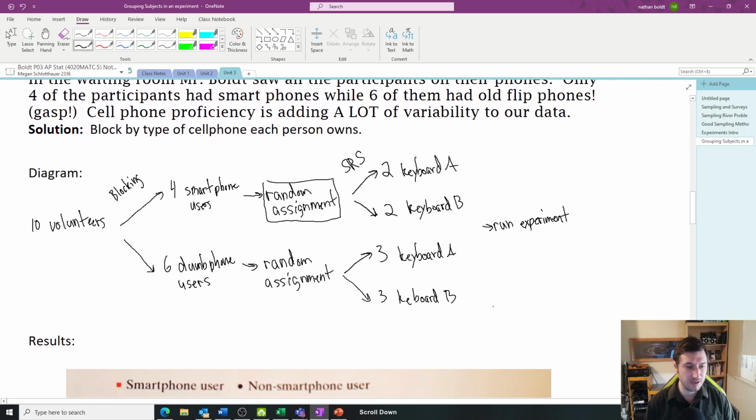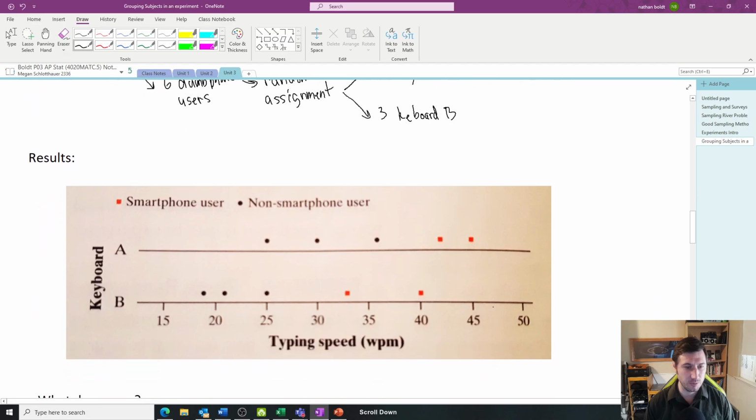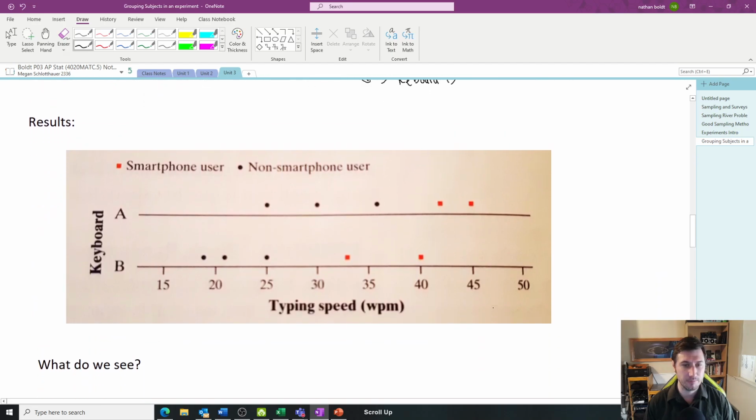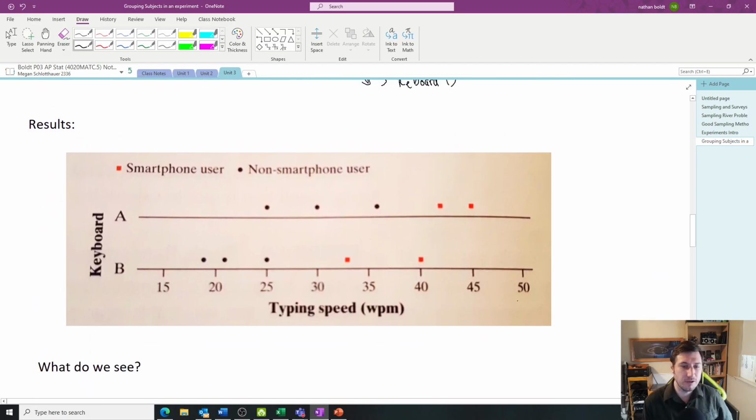So with this great fake data, here's what we get. All that's happened here is they've coded the smartphone users as red. So take a look at our 2 smartphone users from keyboard B. And now we're only going to compare them to the other smartphone users of keyboard A. And take a look. That looks like a pretty good increase.